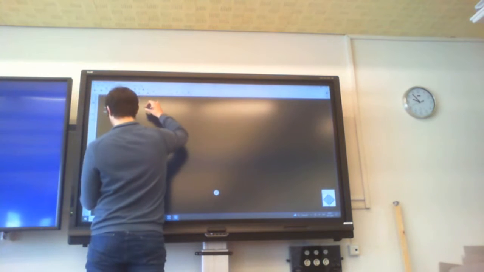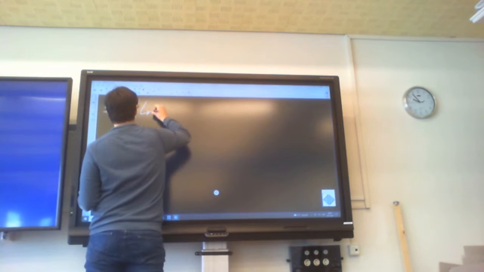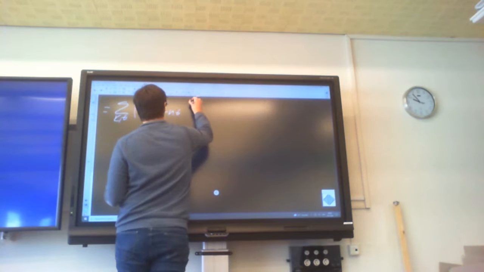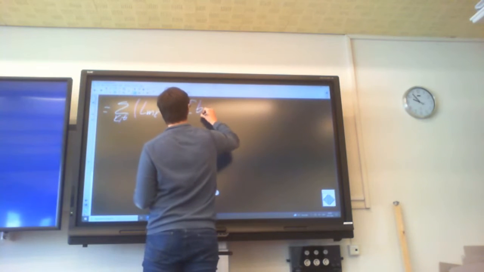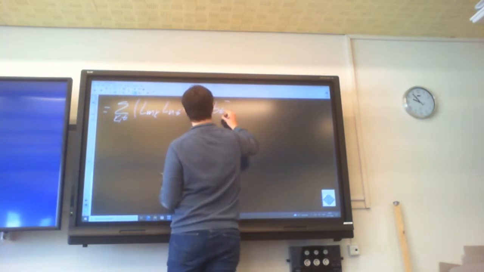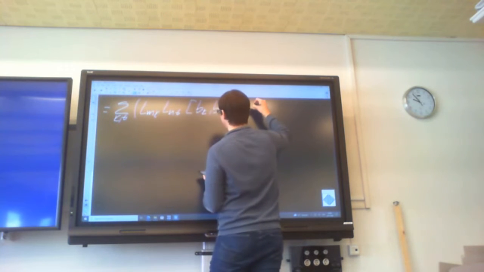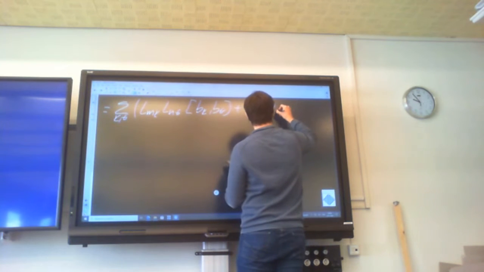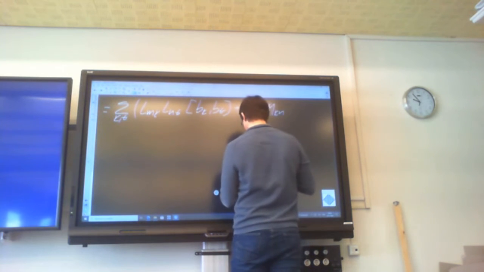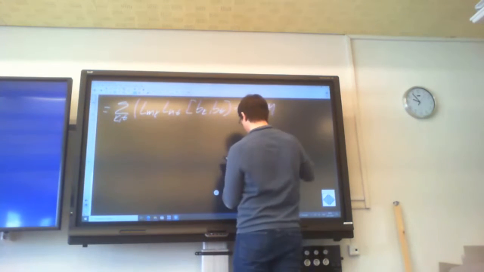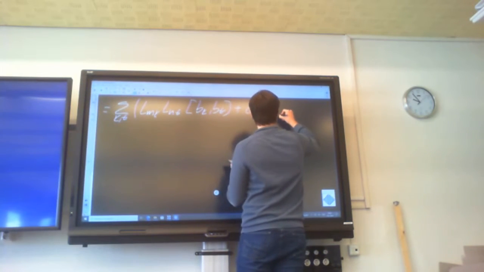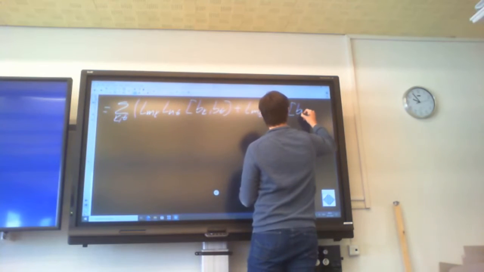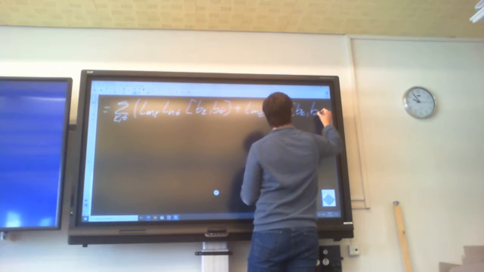And here L_{mk} L_{nt}, and we have here the commutator of b_k and b_t. We have L_{mk} M_{nt}, and here we have the commutator of b_k and b_t dagger.